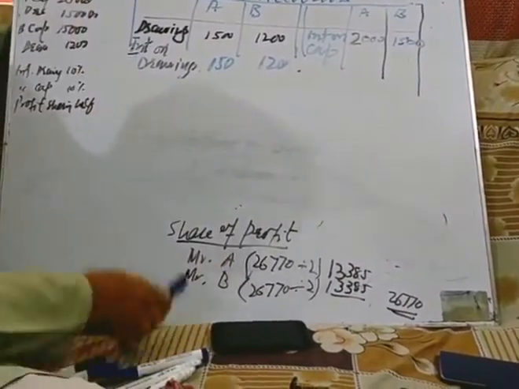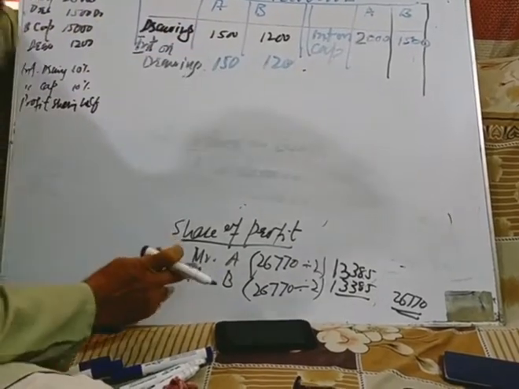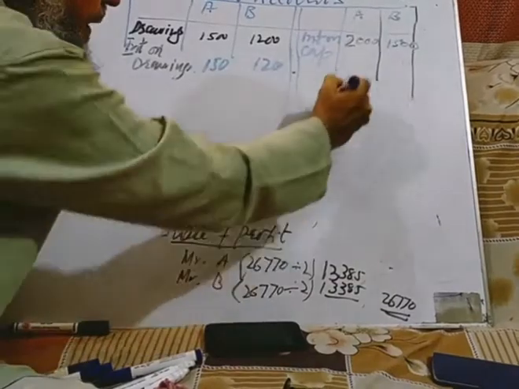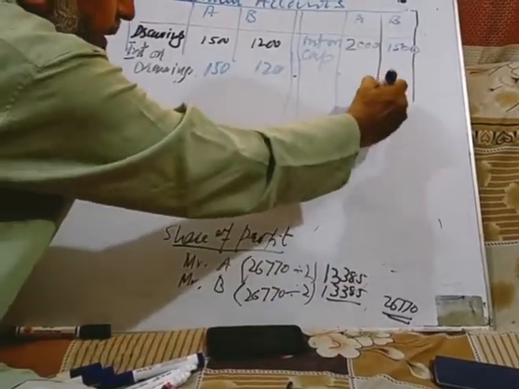And now we have one more point, and that is share of profit. Share of profit also comes in the credit side of current accounts.